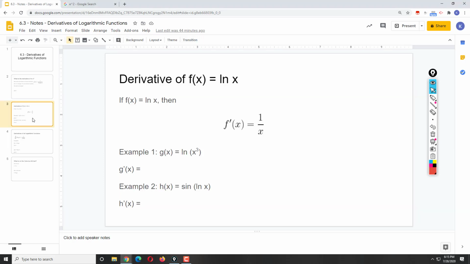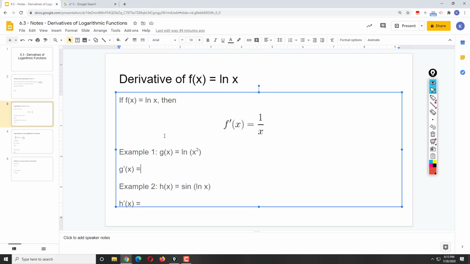So, since the derivative of ln x is 1 over x, let's look at some examples. Example 1. g of x equals ln of x cubed. Well, the derivative of ln x is 1 over x, so the derivative of ln of x cubed is 1 over x cubed. And then we have to apply the chain rule.